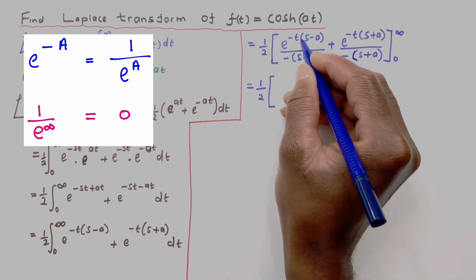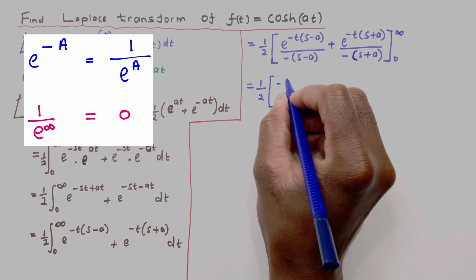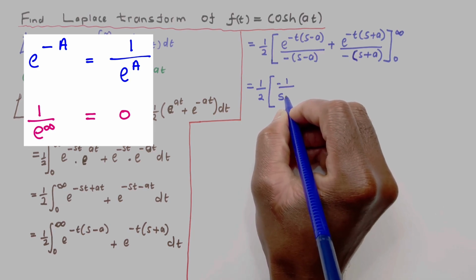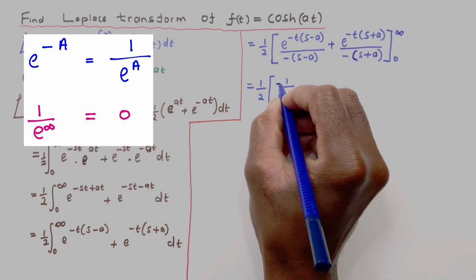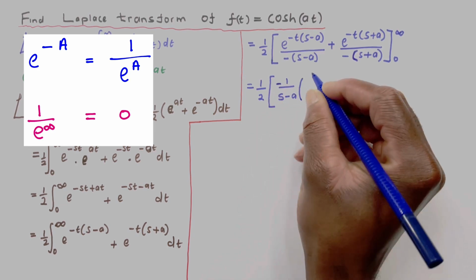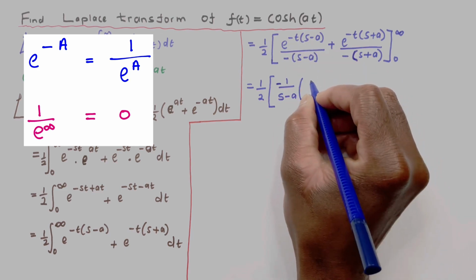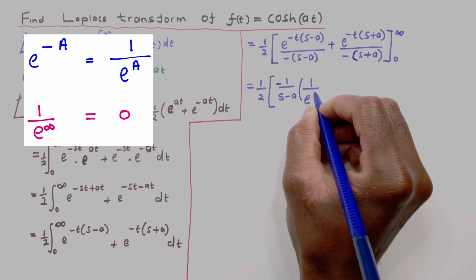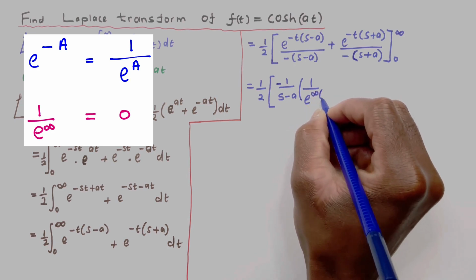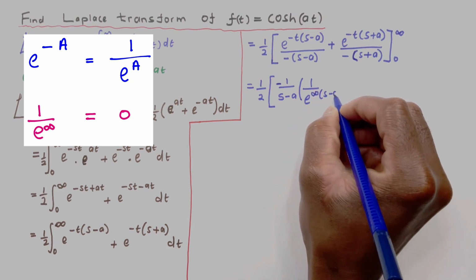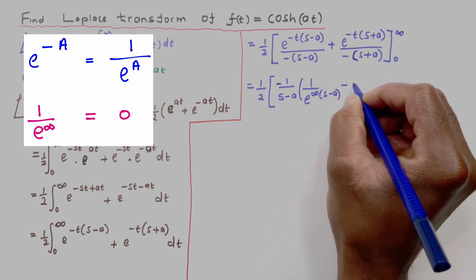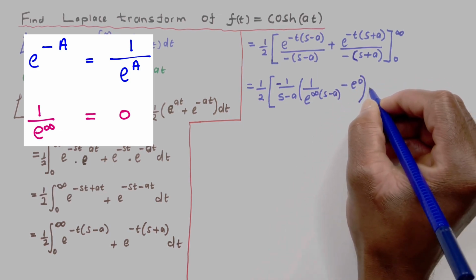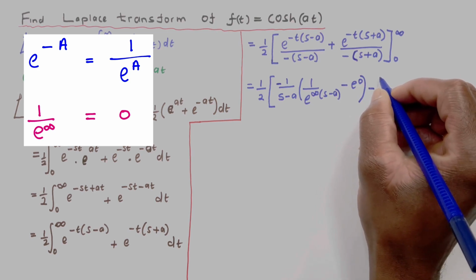Bring out the denominator. It's a constant, 1 over s minus a, which is minus, open bracket, 1 over e to the power, the t is infinity, open bracket s minus a, minus e to the power 0, because t is 0, we substitute in the boundaries.